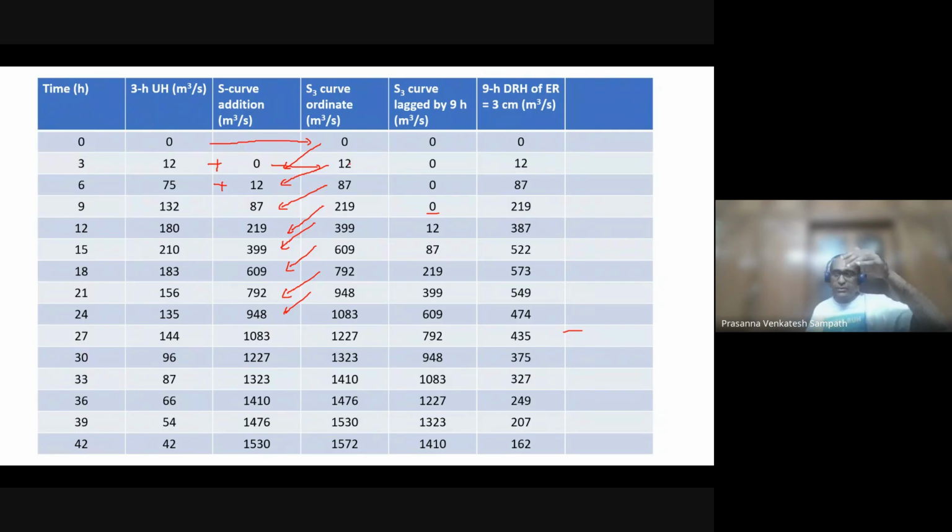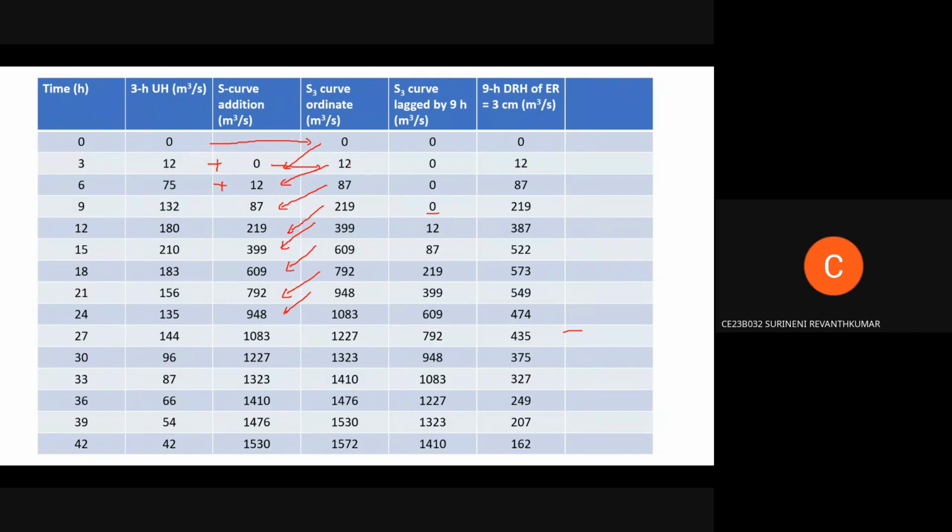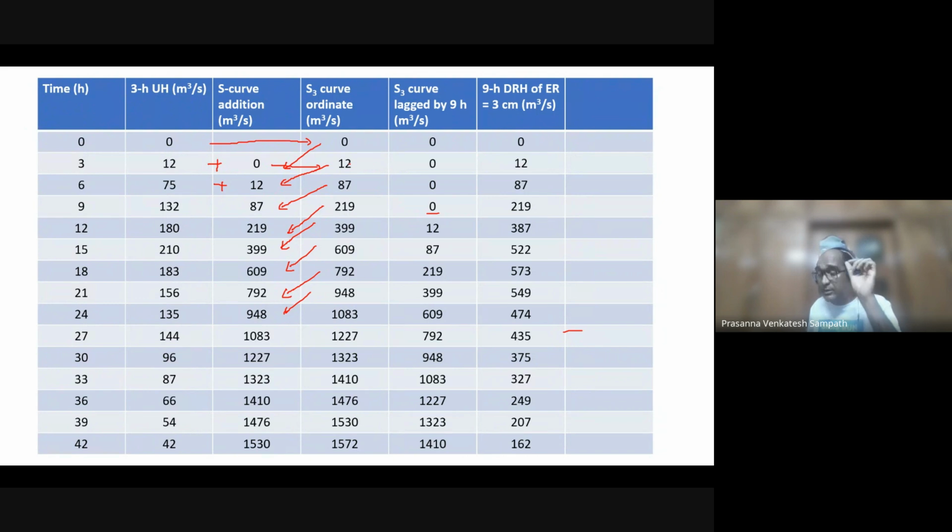Okay, so let's just think about what we want. We want a 9-hour unit hydrograph, which means we want a hydrograph produced by how many centimeters of excess rainfall? Unit hydrograph means how many centimeters of excess rainfall? 1 centimeter. The duration of the rainfall is 9 hours.